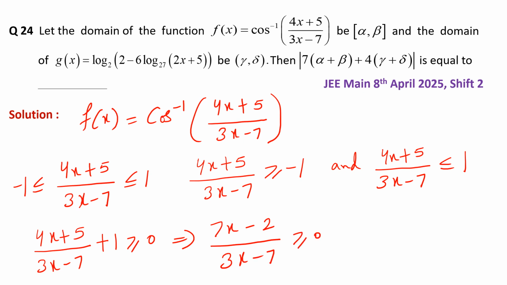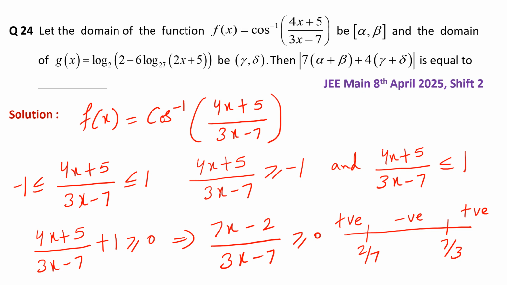Now students, to solve this inequality, just use wavy curve method. So we get two values of x. One is 2 upon 7 and another is 7 upon 3. So this is positive over here. Here it is negative, and now again we have positive.